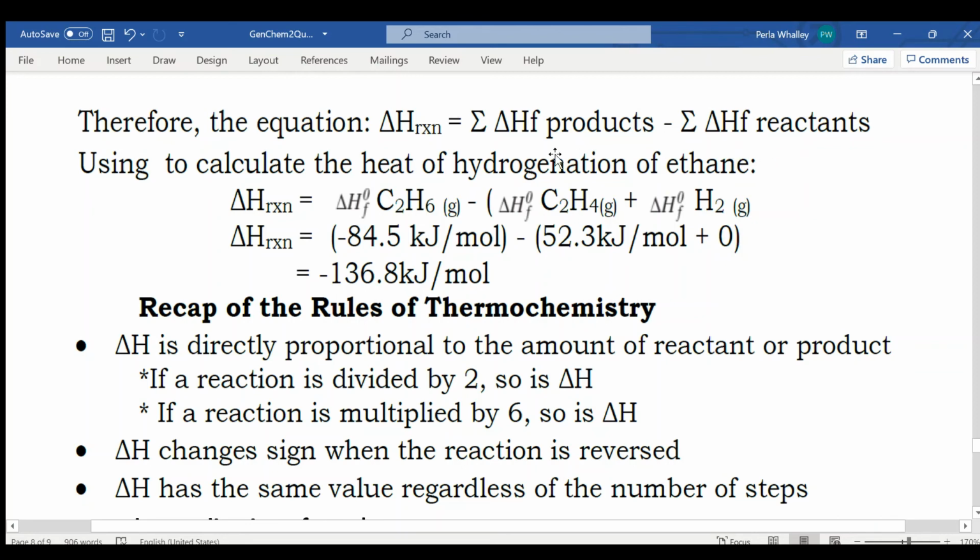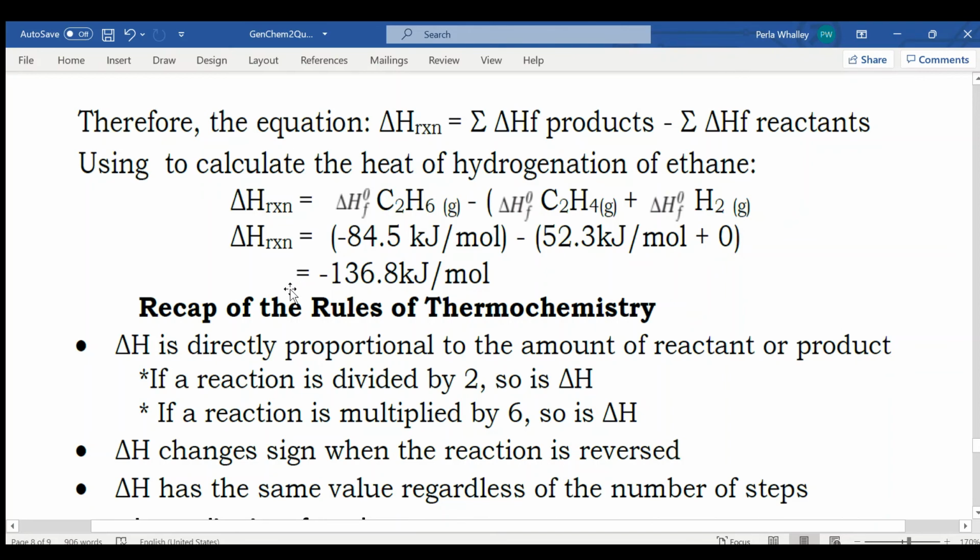Using this to calculate the heat of hydrogenation of ethane, it is equal to minus 84.5 kilojoules per mole minus 52.3 kilojoules per mole, that is for C2H4, plus H2, which is 0 for elements.